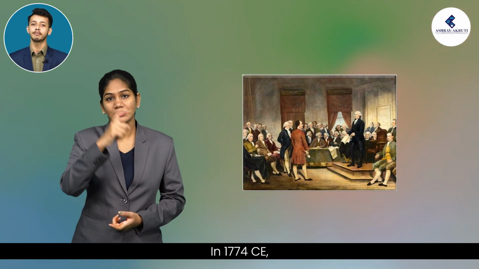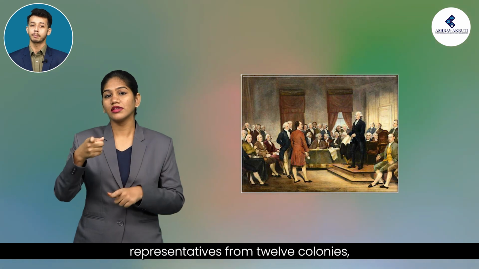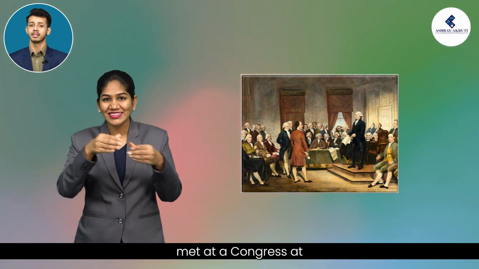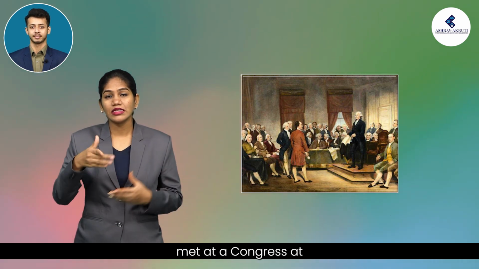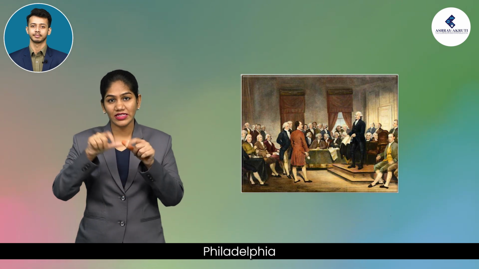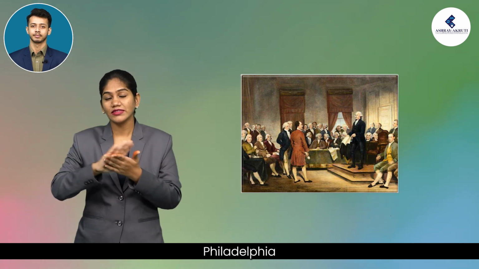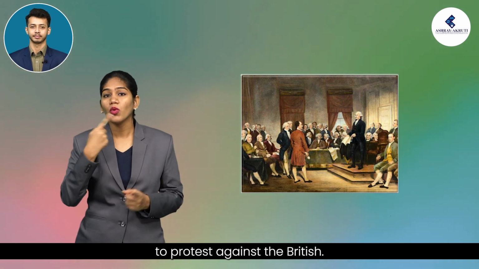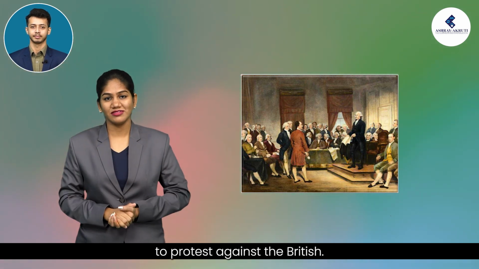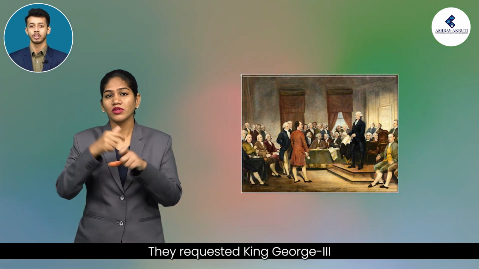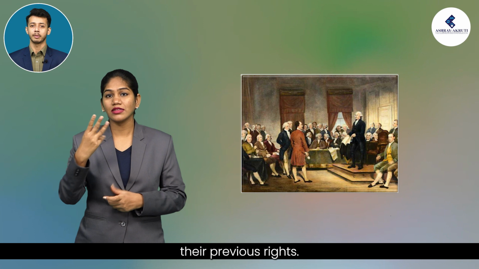In 1774 CE, representatives from 12 colonies met a Congress at Philadelphia to protest against the British. They requested King George III to restore their previous rights.